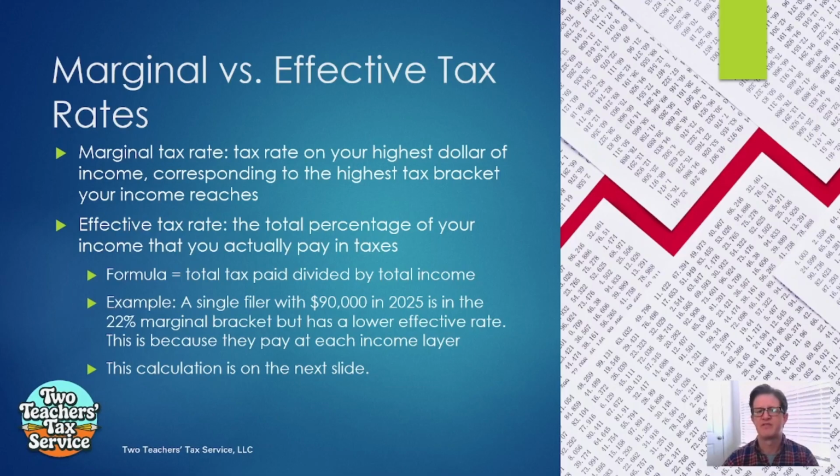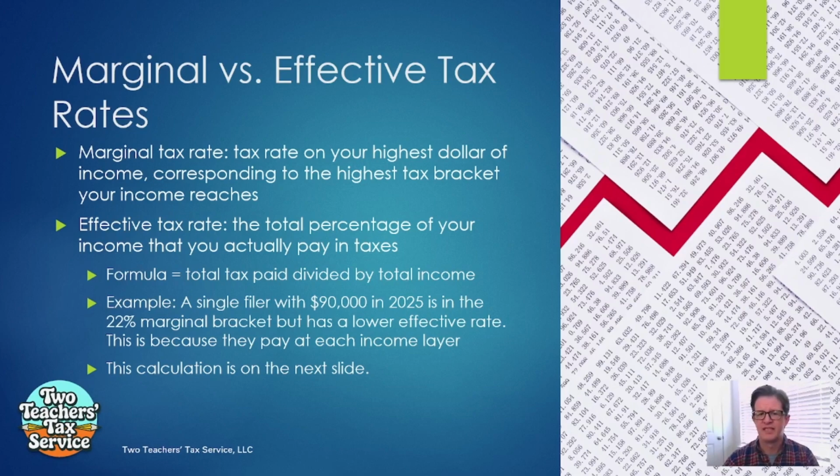Let's talk about the difference between marginal versus effective tax rates. Your marginal tax rate is the tax rate on your highest dollar of income, corresponding to the highest tax bracket your income reaches. Your effective tax rate is the total percentage of your income that you actually pay in taxes.